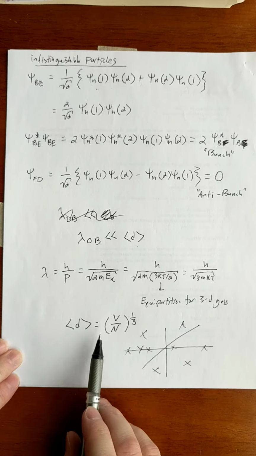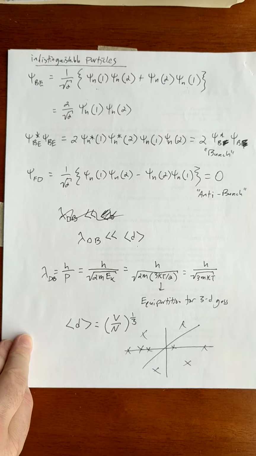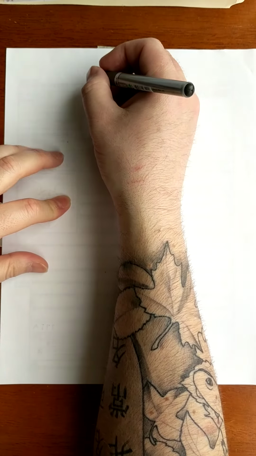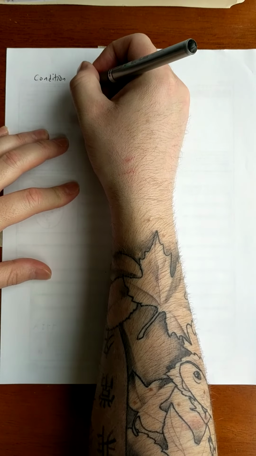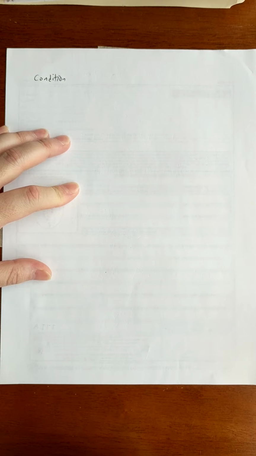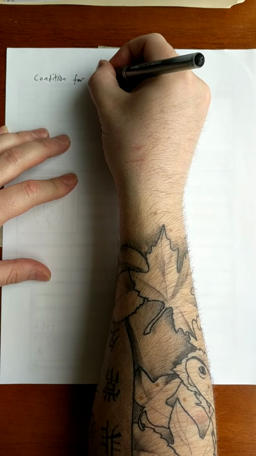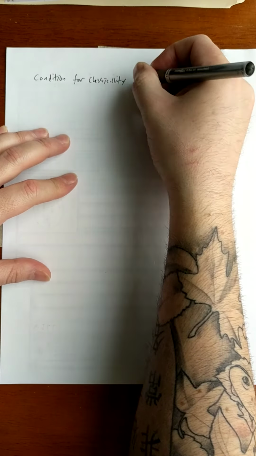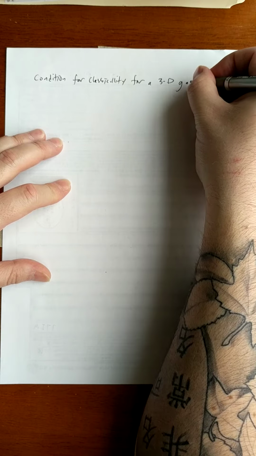Okay, so now we know what D is, and now we know what the de Broglie wavelength is. And we just combine those two equations, and we get our condition. We could call this the condition for classicality for a 3D gas.